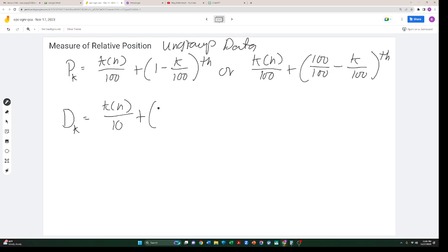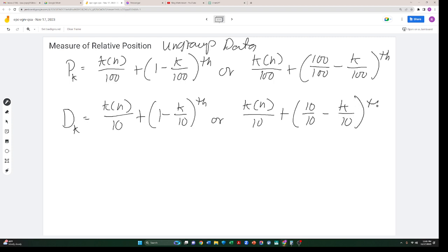Then 1 minus k over 10, then TH. Or it can be k times n divided by 10 plus 10 over 10 minus k over 10, which is TH. Okay? So, how about the quartile? Quartile 1, quartile 2, quartile 3, quartile 4.